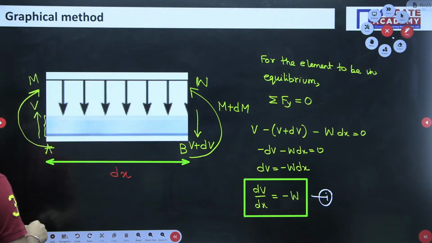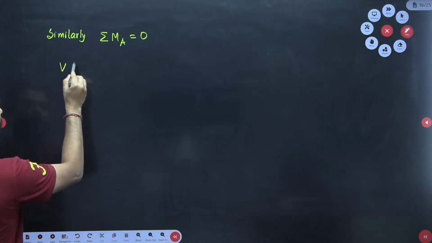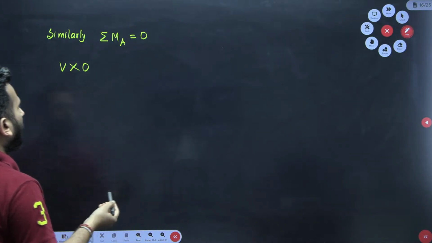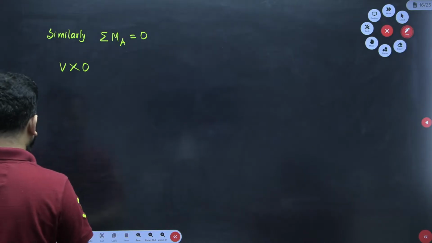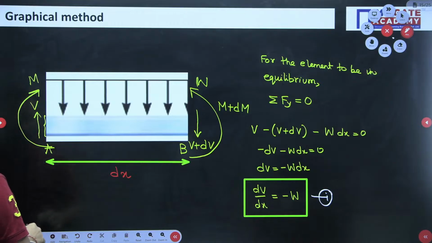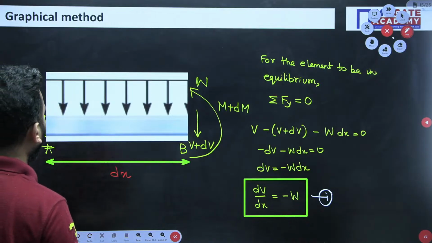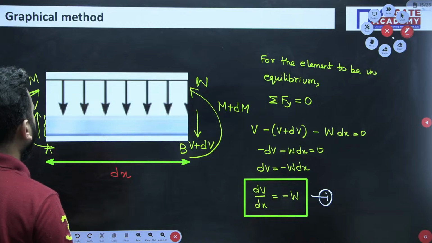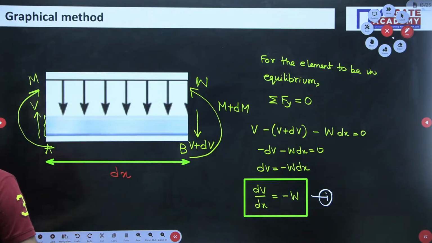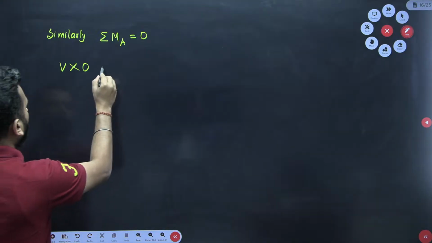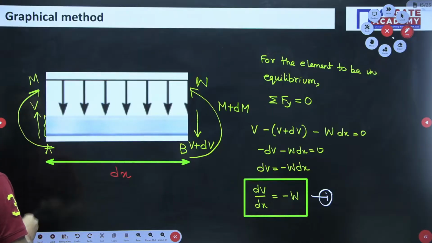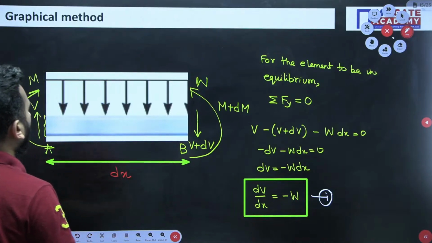Let's say anti-clockwise I am taking as positive and clockwise I am taking as negative. So due to V no moment is there, but M is also there, so plus M.